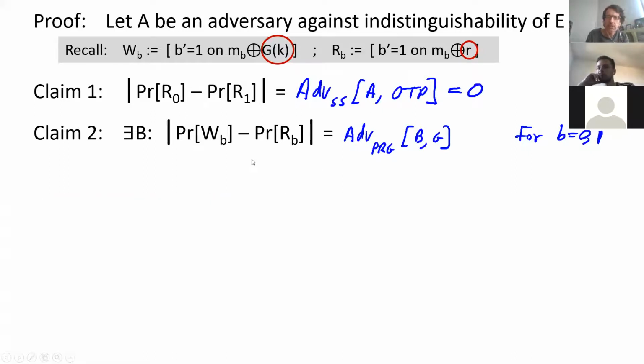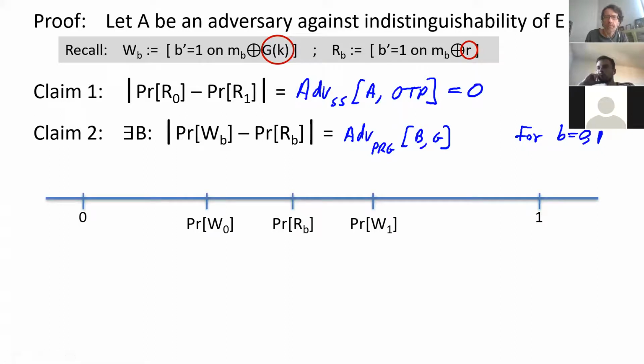Let's first show that if I knew these two facts, then this follows. Then I'm basically done, because these probabilities are some values between 0 and 1. So let's put on the line, let's say this is the probability of W0.